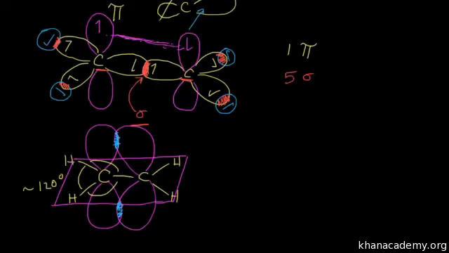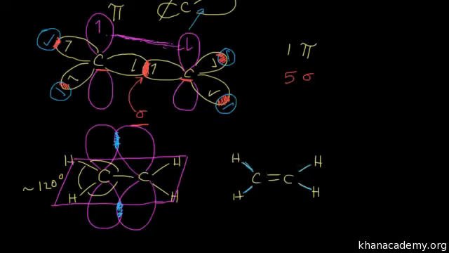So let's go ahead and draw the dot structure one more time for ethene and analyze it using all that we've figured out here. All right, so if you look at a dot structure and you're trying to figure out how many sigma bonds and how many pi bonds, you just go ahead and count up your single bonds, and those are your sigma bonds, right? So if I go ahead and highlight those, so this is a single bond, so that's a sigma bond, so here, right, here, and between those two carbons, I know one of those bonds is a sigma bond and one of those bonds is a pi bond.